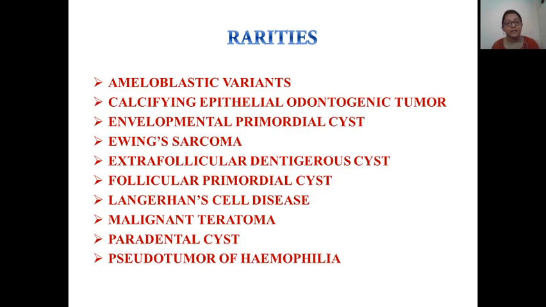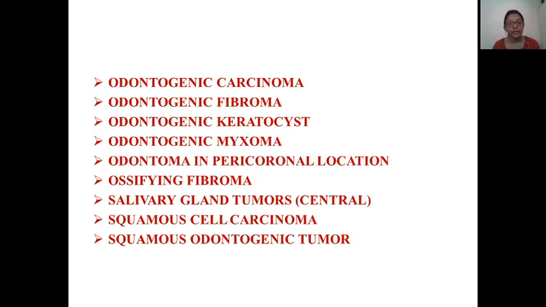Now these are some rare variants of pericoronal radiolucency: ameloblastic variants like unicystic ameloblastoma, calcifying epithelial odontogenic tumor, eruption cyst, Ewing sarcoma, extrafollicular dentigerous cyst, follicular primordial cyst, Langerhans cell disease, malignant teratoma, paradental cyst, pseudotumor of hemophilia, odontogenic carcinoma, odontogenic fibroma, odontogenic keratocyst, odontogenic myxoma, odontoma in pericoronal location, ossifying fibroma, salivary gland tumors, central squamous cell carcinoma, squamous odontogenic tumor.